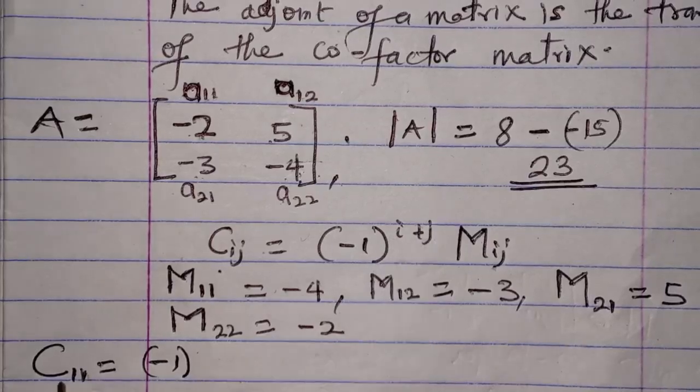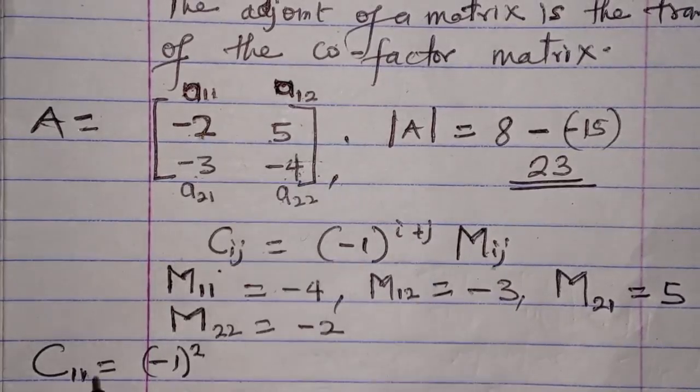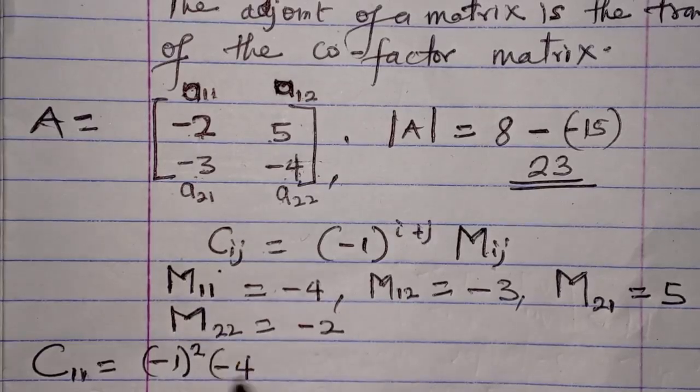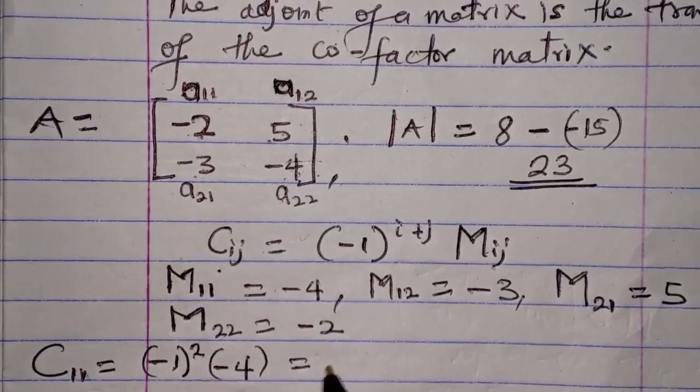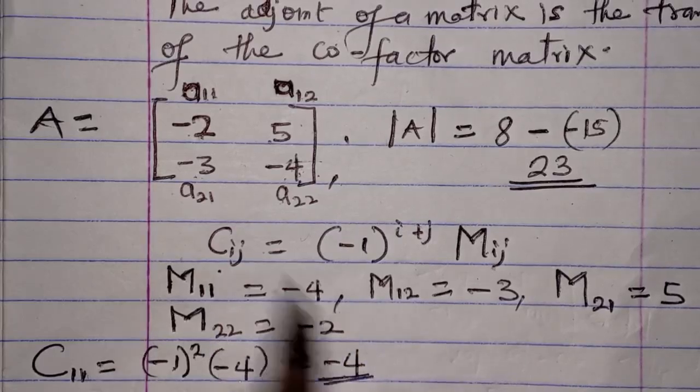So if I add 1 and 1 together, I'll have 2, times the minor of this element. The minor, which is M11, is minus 4. Minus 1 squared is 1. 1 times minus 4 is minus 4. That's the cofactor of this element.